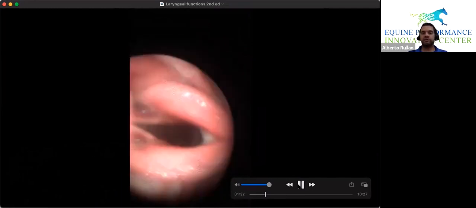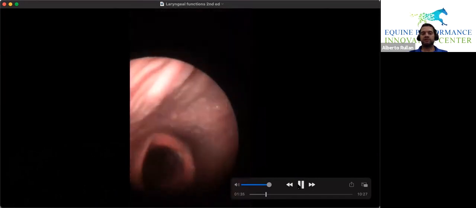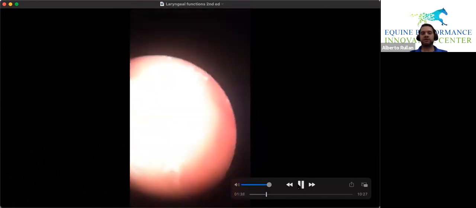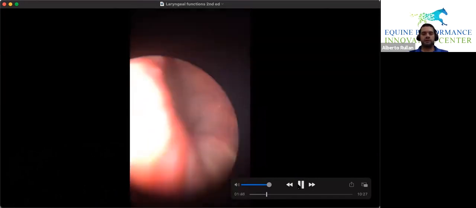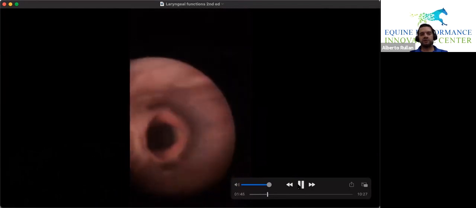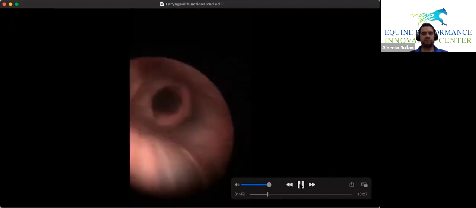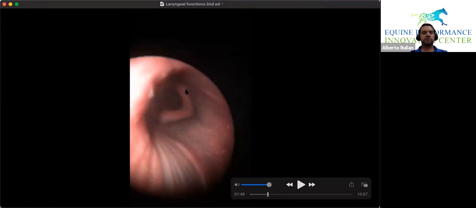Now you see what's wrong on this scope? When we started, there is dorsal displacement of the soft palate. Here I'm trying to replace it, moving the scope around to see if I can, but it continues to be displaced. You see the border of the palate continues to be displaced. So this is dorsal displacement of the soft palate with good function of the arytenoids.